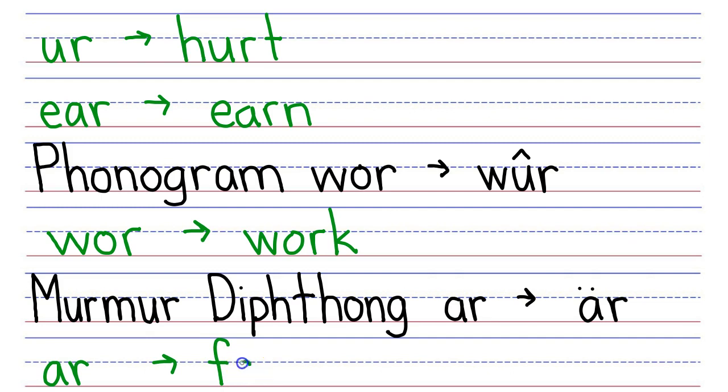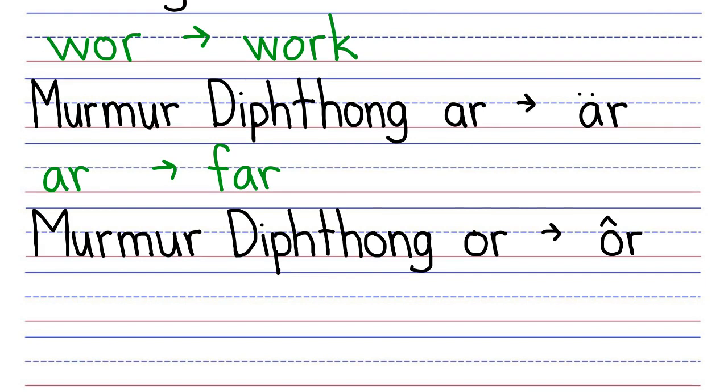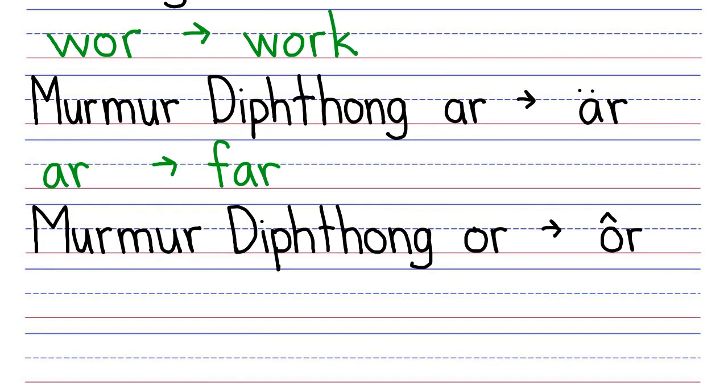F that says F, AR that says R. And then we have learned the murmur diphthong OR, also called the R-controlled vowel sound OR. We learned that this sound can be spelled with OR, as in for. F that says F, OR that says OR. What did you do that for?